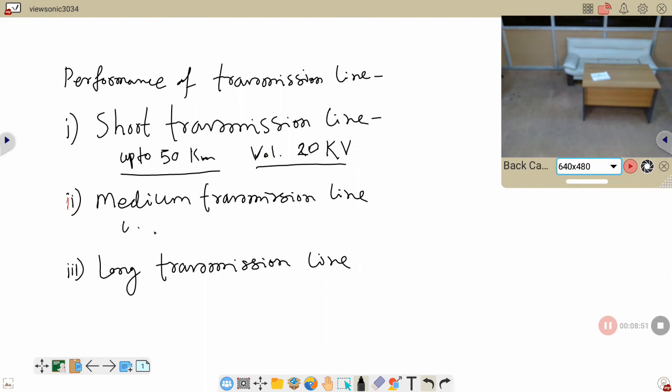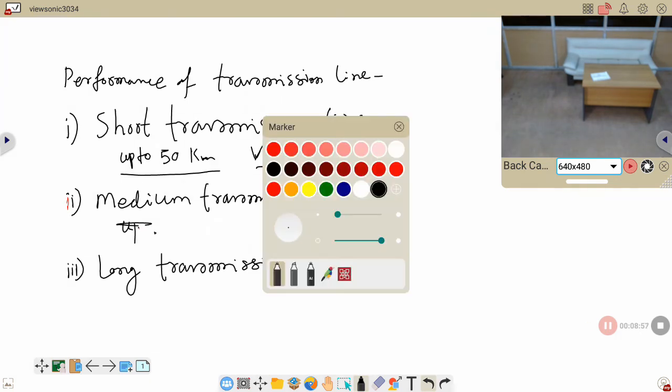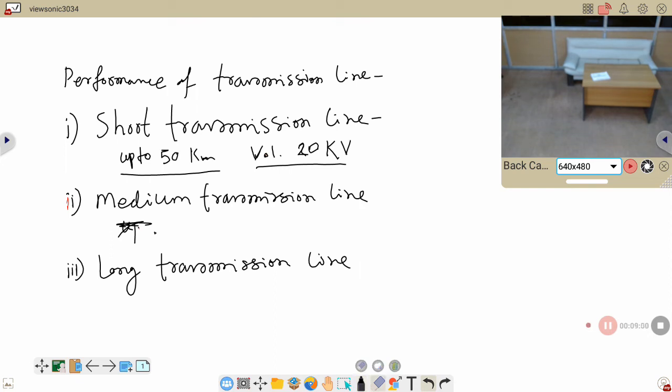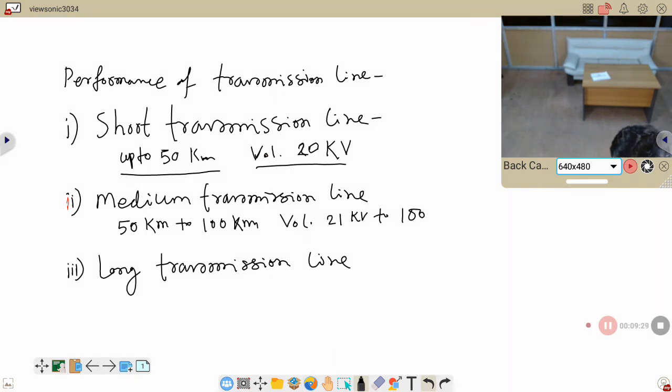In a medium transmission line, the length is between 50 kilometer and 100 kilometer, and the voltage level is from 21 kV to 100 kV.